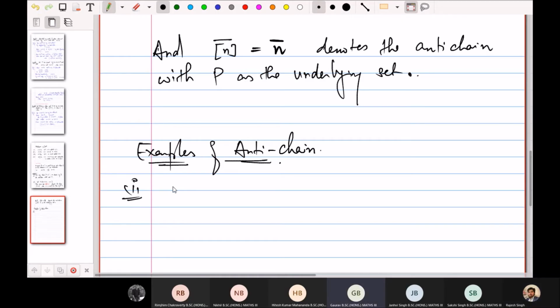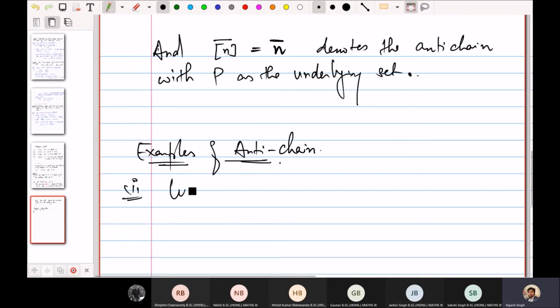Only ai, purely imaginary terms. And the relation is the usual less than or equal to.